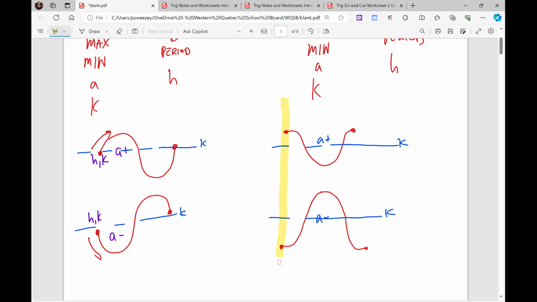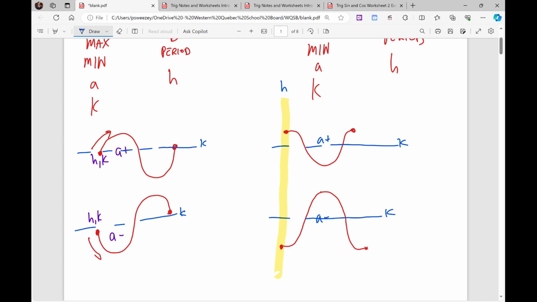H exists right here. It's kind of odd to think about, but wherever I'm starting as an X value, that's my H. The K, however, is still halfway through. So you're still starting at a vertex, a starting point. It's just that the starting point is in a different location.